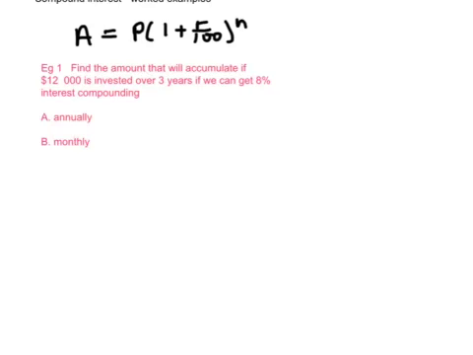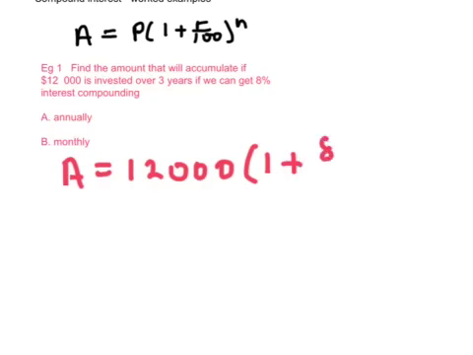Okay, so the amount is going to be the principal, which is $12,000, times 1 plus 8 over 100, so that's 8% written as a fraction, to the power of 3 because it's an investment over 3 years.